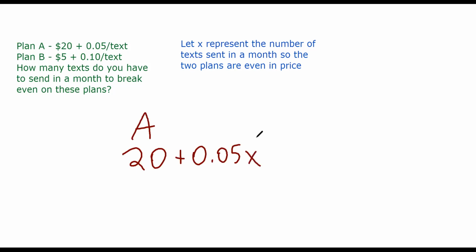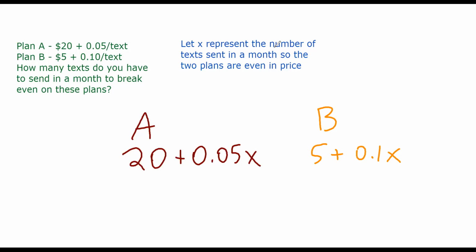This expression here tells me how much Plan A costs every month based on the number of text messages I send, X. Separately, what would the expression for Plan B be? Exactly, 5 plus 0.1x. You don't need to put 0.10.